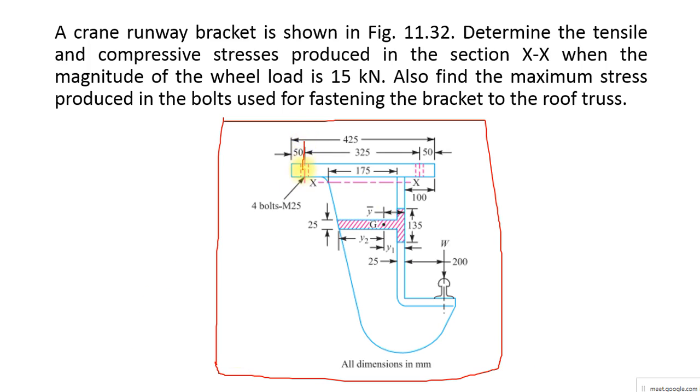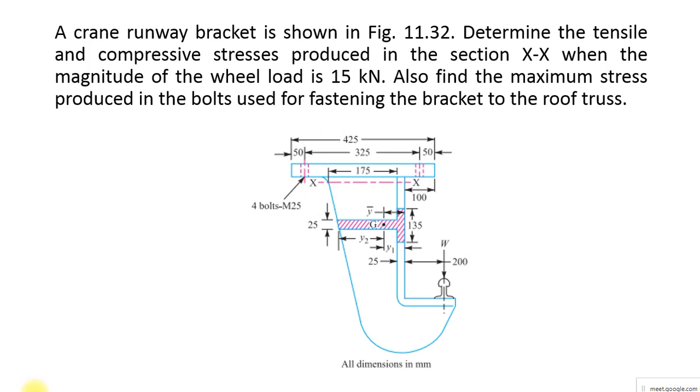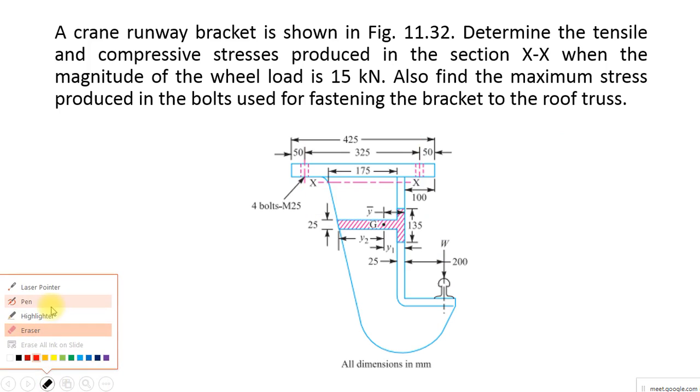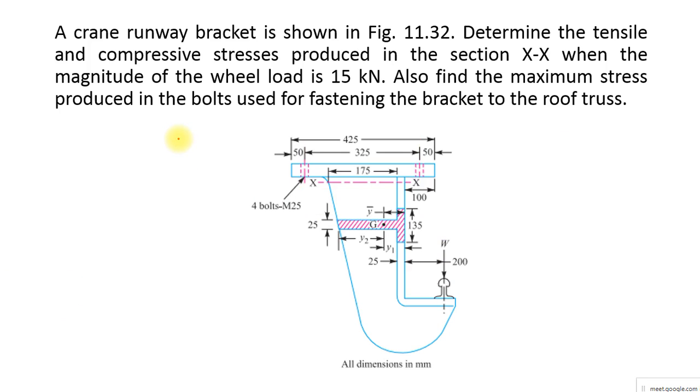You can see this is the bolt. The axis of the bolt and the axis of my load are the same. They have already given 4 bolts in the problem. We will look at the dimensions later. It is not very important for us as of now, but it is required to solve the particular problem.